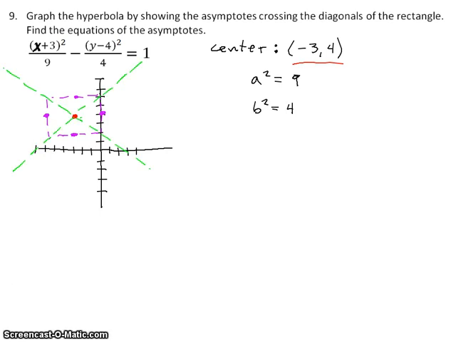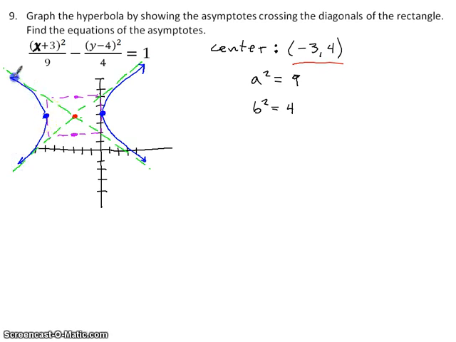Okay, so here I have my asymptotes drawn, and now I can draw my parabolas, which make up the hyperbola. The parabola's vertex points are here in blue, and our parabolas are facing outward like so.